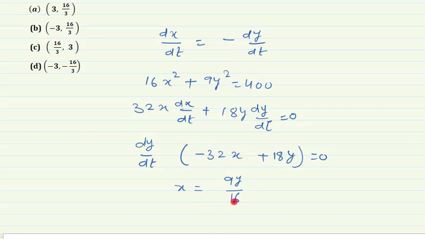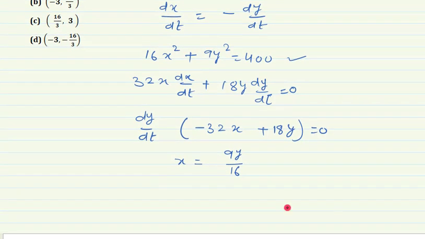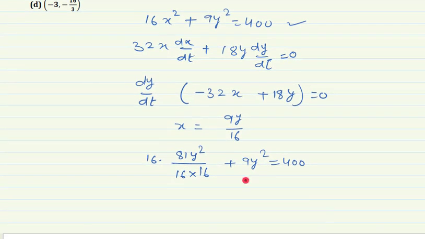Now let us put this relation of x and y in the equation of the ellipse, which will be 16 into 81 y square upon 16 into 16 plus 9y square is equal to 400. Okay, now let us simplify. 16 gets cancelled and you are getting 81 y square plus 144 y square is equal to 400 into 16.